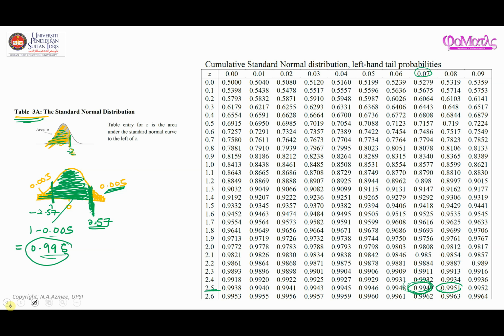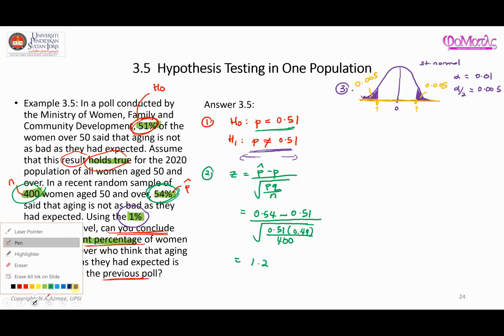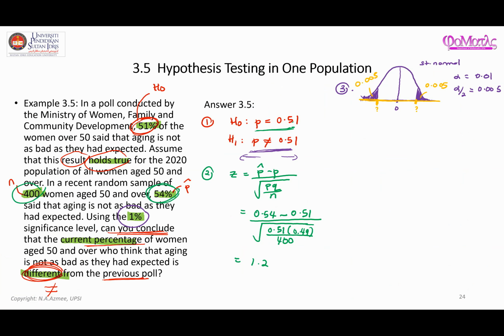Okay, so those are the critical values. I'm just going to write down the values here. So the critical values are plus minus 2.57. This one is 2.57, and this one is negative 2.57.